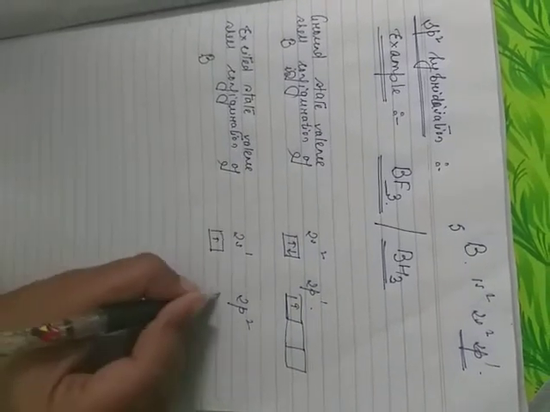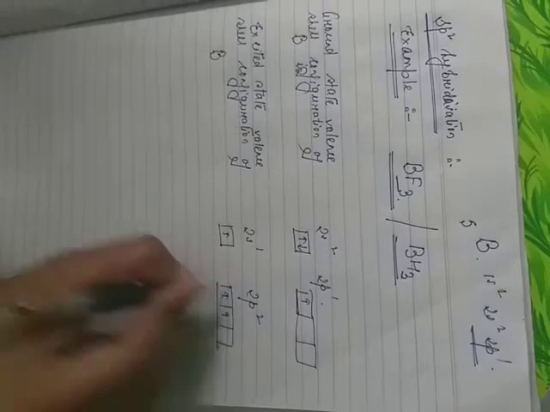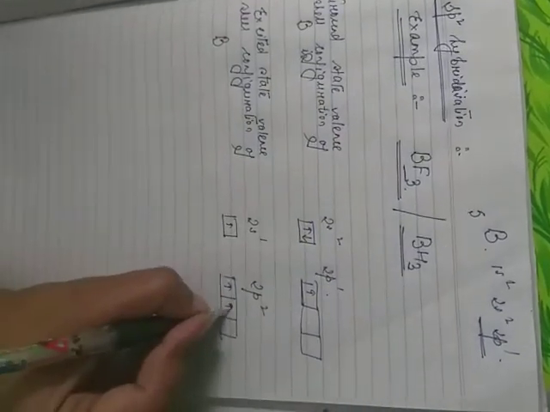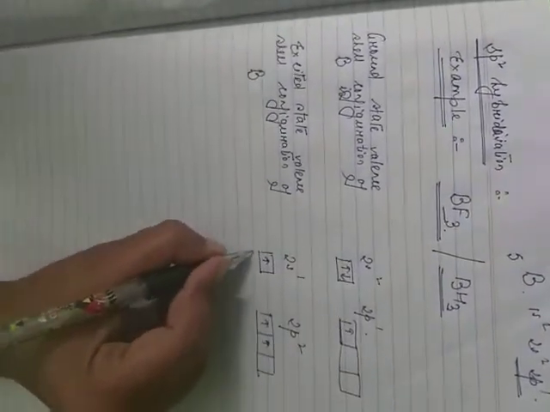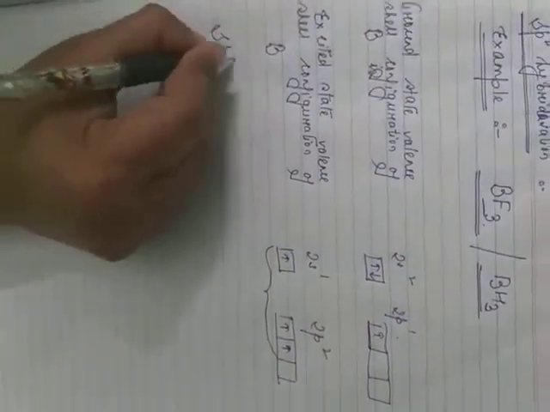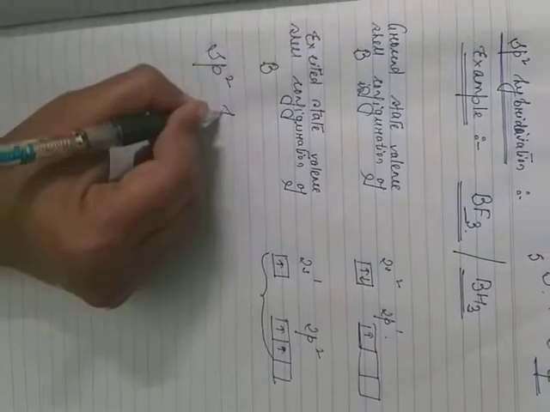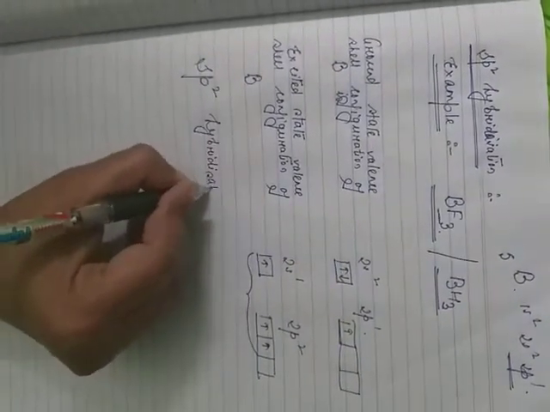So one is 2s1, another would be 2p2. Done? If this is so, now we have the 3 orbitals with single occupancy. These 3 orbitals will undergo hybridization, and since one s and two p orbitals are there, this is sp2 hybridization of boron.